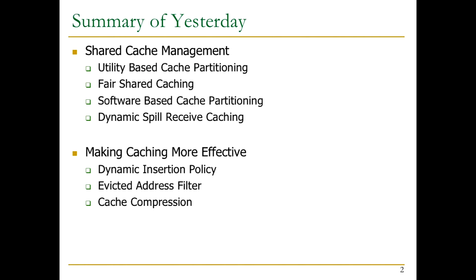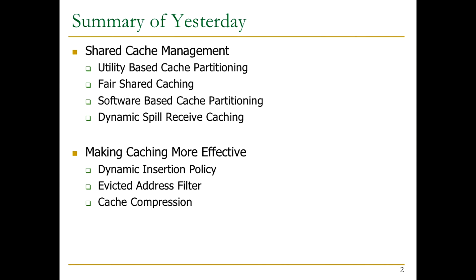We looked at shared cache management, a bunch of different techniques, hardware-based, software-based, and shared private caching, trying to bridge the gap between the two and get the best of both worlds. And we talked about several techniques to make caching much more effective because it's a much bigger bottleneck in multi-cores. And we talked about how caching changes in the presence of many threads.